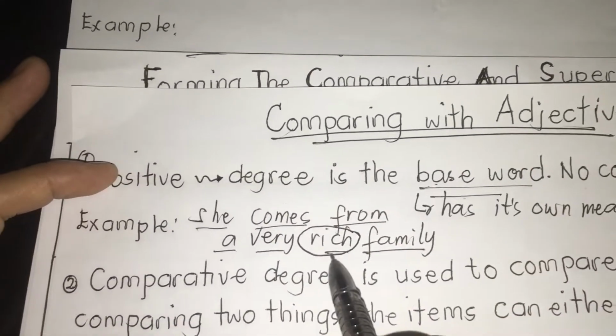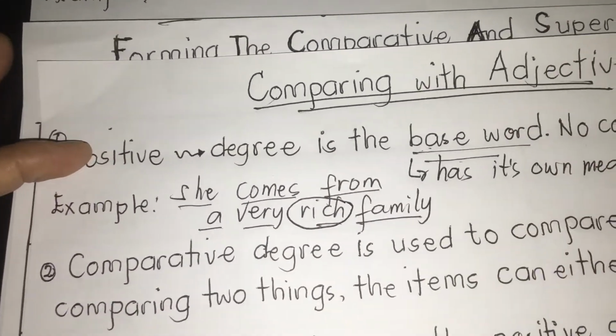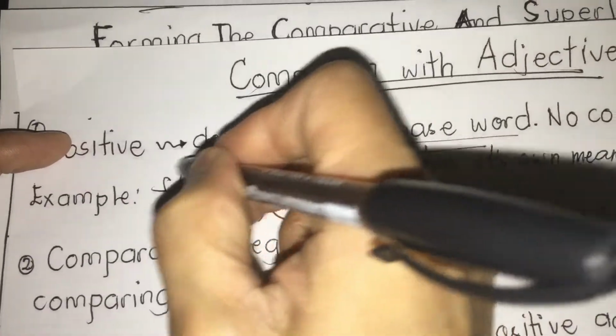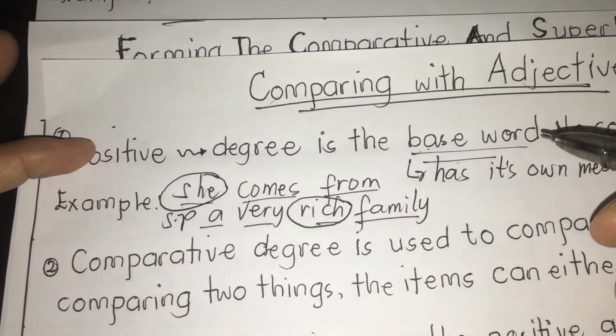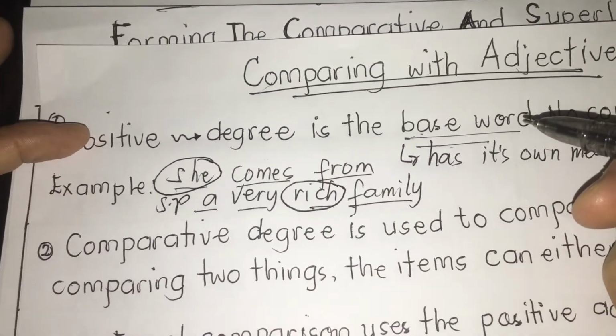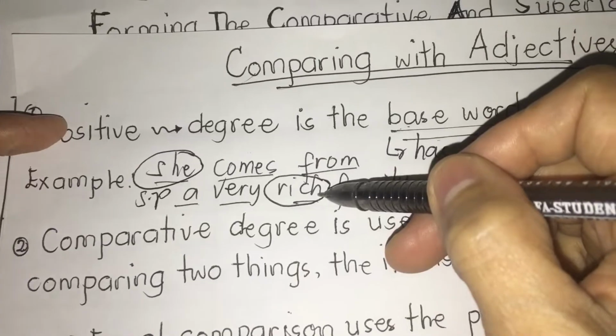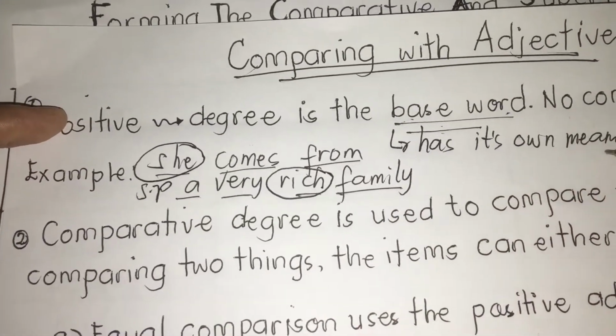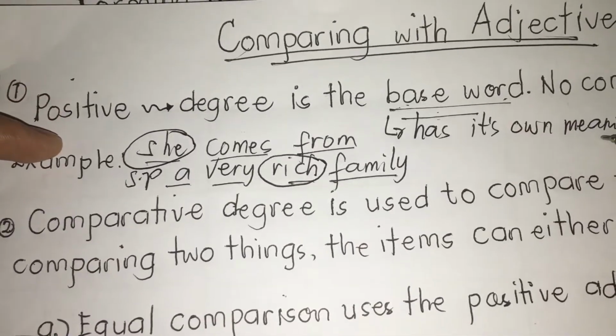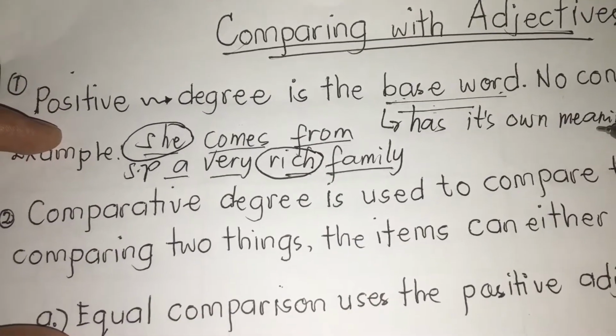Why? Rich shows no comparison. It talks about she. She is our subject pronoun, referring to that woman, that girl. The word rich is the base word. It has its own meaning. That's positive. There is no comparison at all.